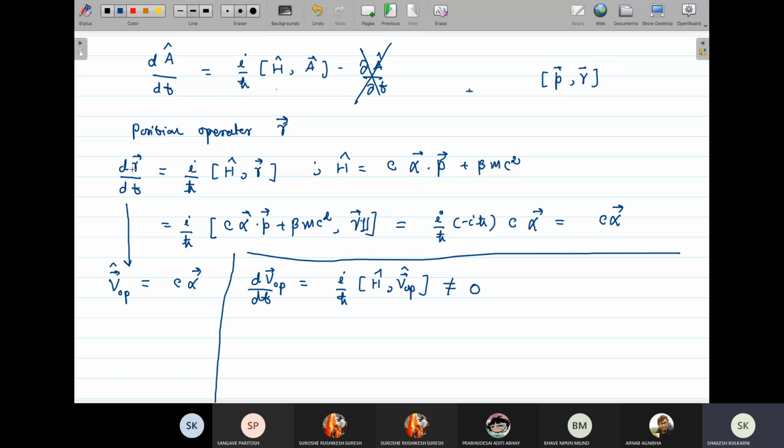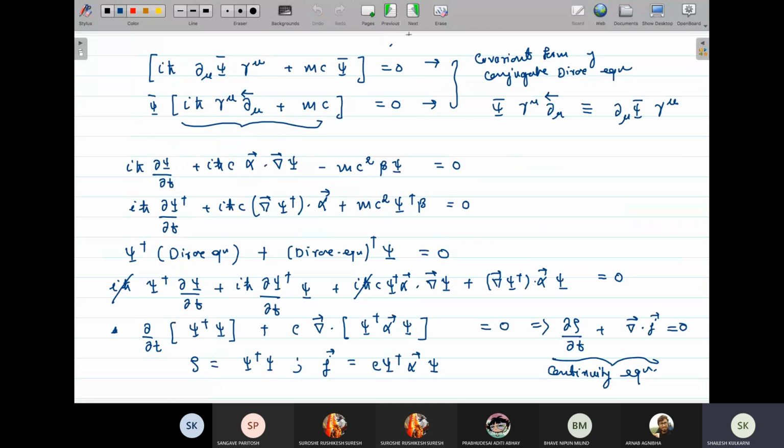In the Heisenberg picture, you consider the equation of motion for R, and that turns out to be c alpha, which was sitting in the expression for this current density, c times alpha. So vaguely, that's why we say that this is a three current density. It is charge density into velocity kind of thing.